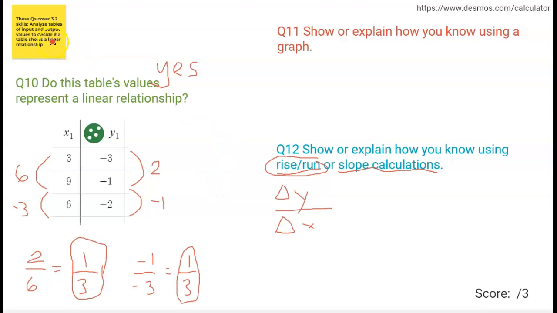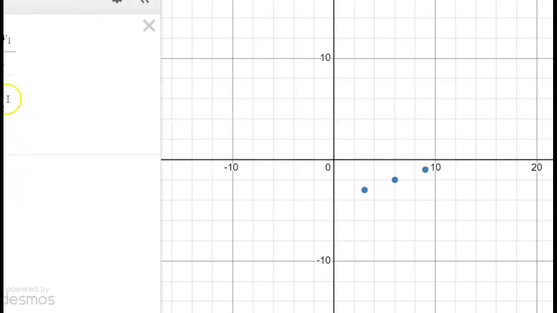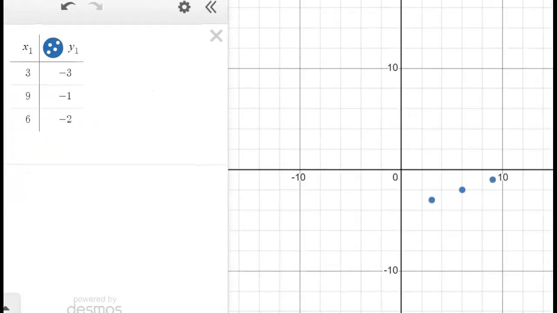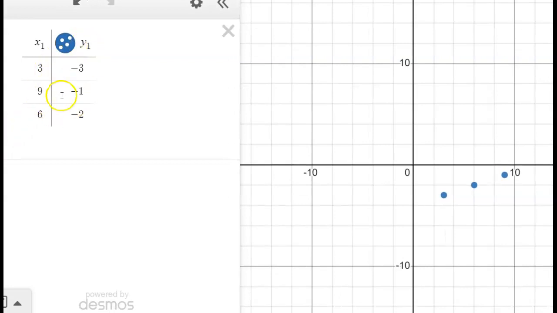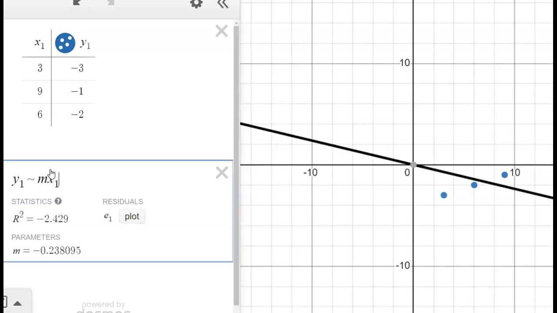Another thing I can do is use Desmos to show using a graph. To use Desmos, put your points into a table, and if you can't tell for sure whether they're linear or not, remember that you can use the equation that we used earlier in the year.